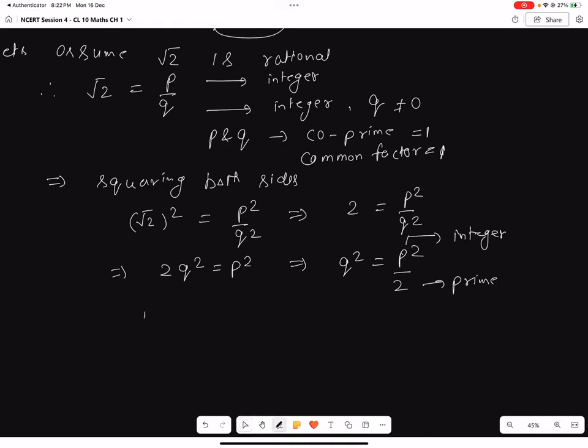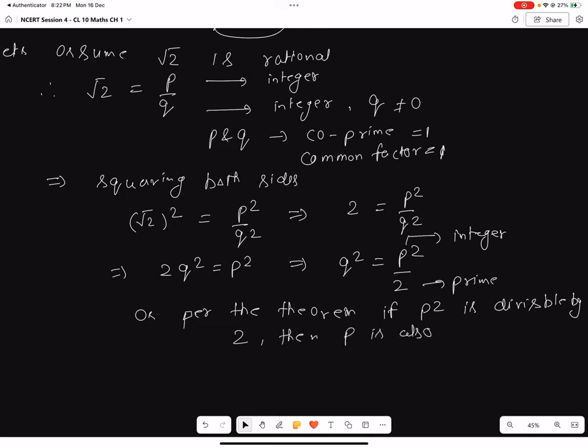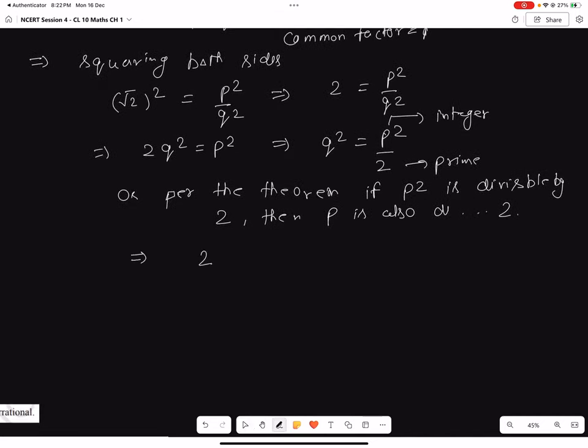So what we can say here, as per the theorem, if p square is divisible by 2, then p is also divisible by 2, and hence that means 2 is a factor of p. That's right.